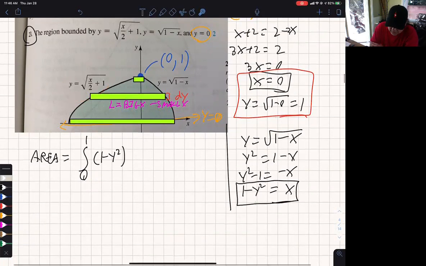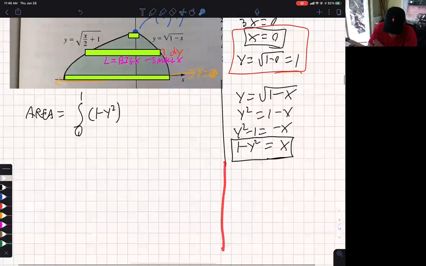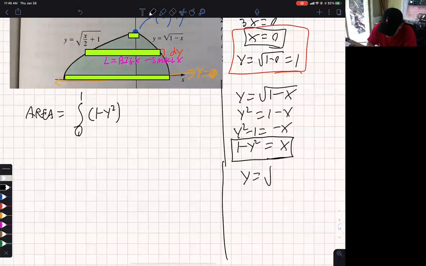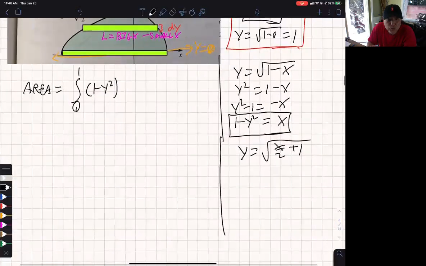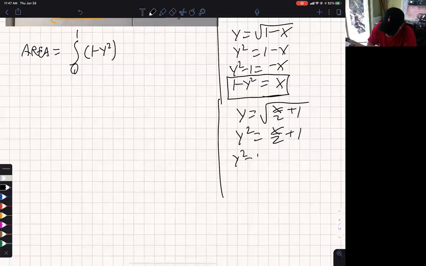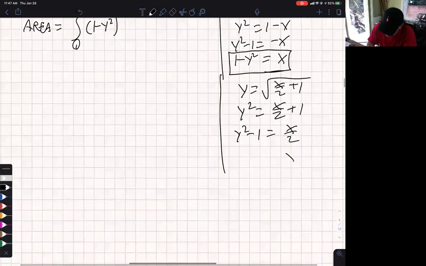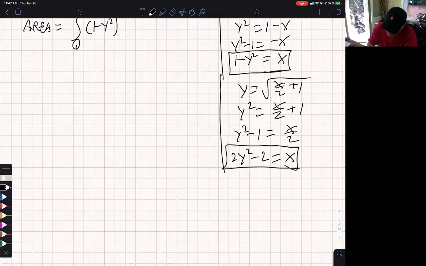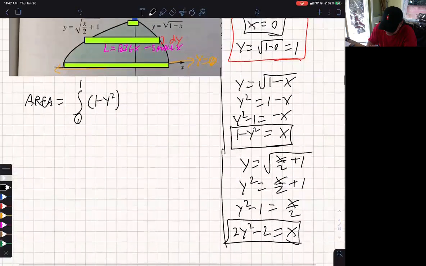So I have to do more work. So over here, I'm going to say y equals square root of x over 2 plus 1. Going through the same process, I'm going to square both sides. I'm going to subtract 1 from both sides. I'm going to multiply both sides by 2. Whoops. And that is going to be my small x.